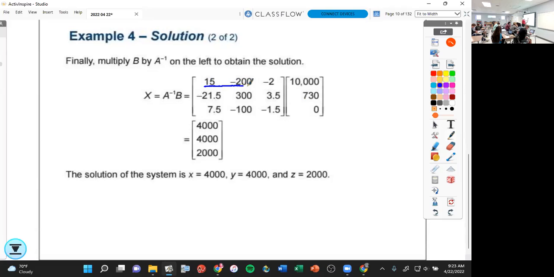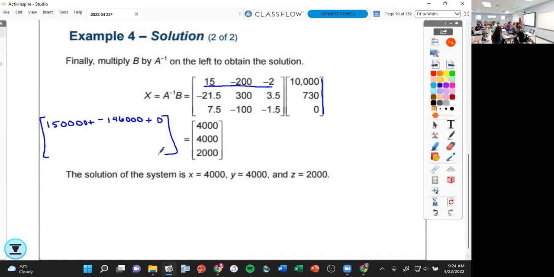If I took this row times this column, what does that give me? 15 times 10,000 is 150,000, plus negative 200 times 730, plus 0.